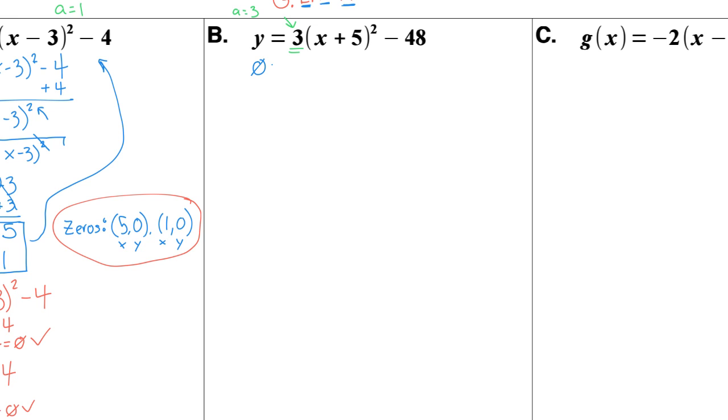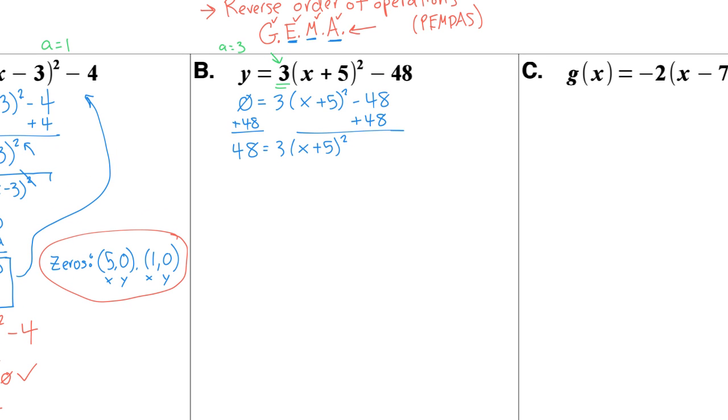Setting it equal to 0. And then we're going to work backwards through the order of operations. I'm going to add 48 to both sides. I'll have 48 equals 3 times x plus 5 squared. Now, the difference here is that in the last one, we didn't have any multiplication or division to undo.